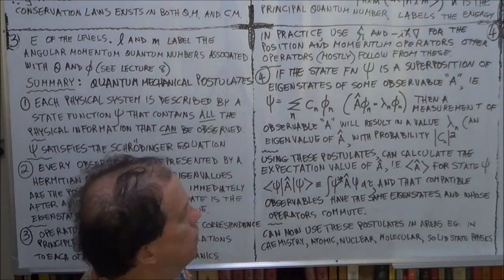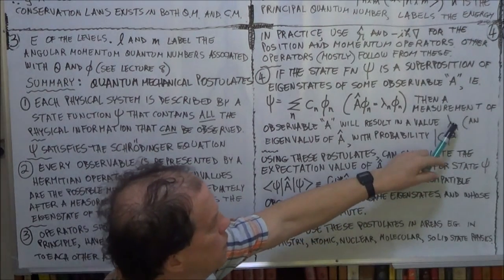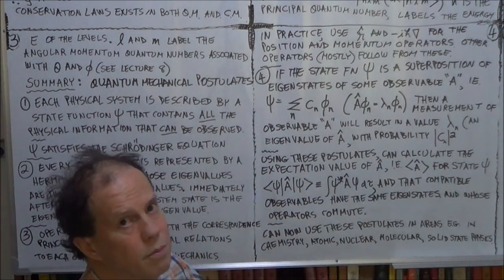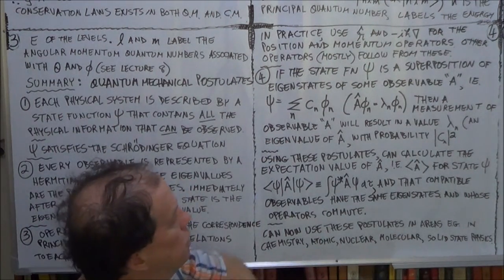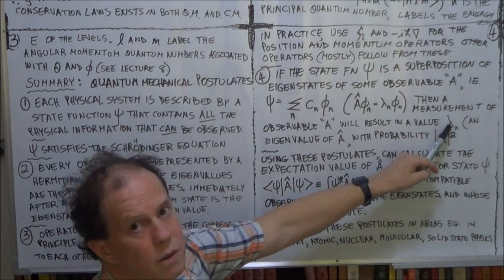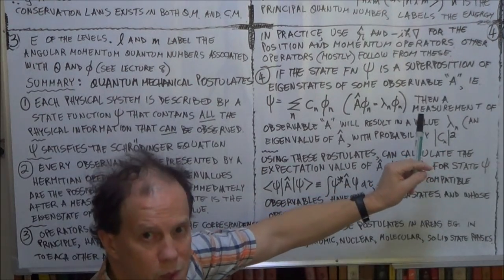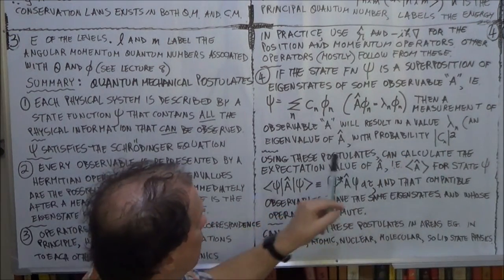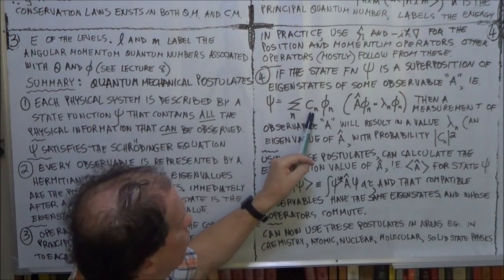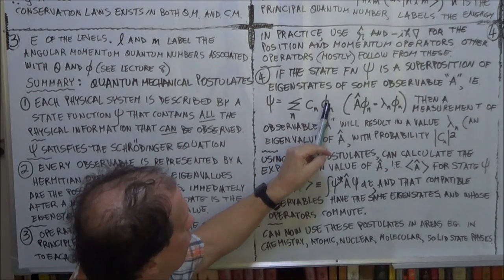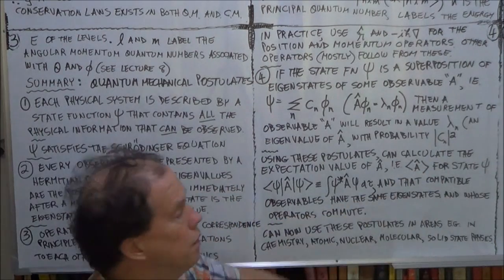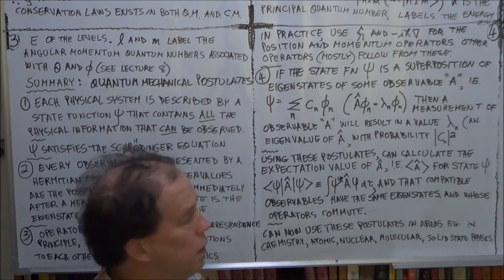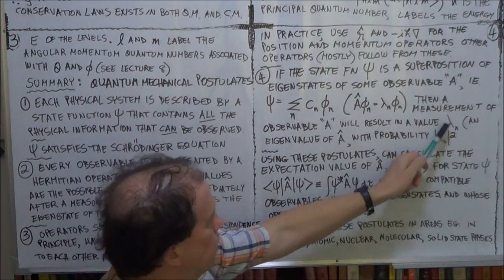Whatever. You're measuring it, and the value you'll get will be one of these eigenvalues. Right? That's basic to quantum mechanics. And the probability that you get this eigenvalue as the result of the measurement will be the corresponding coefficient for phi n, in other words, C n, squared, to get the actual probability of getting that measurement result.